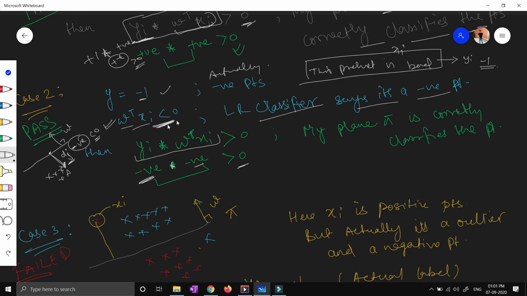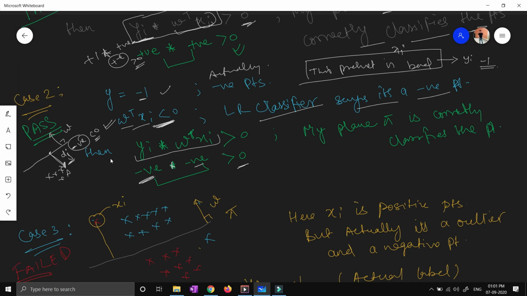Hence this part is negative, and negative into negative will always be positive, so it's greater than 0. Which means that if my yi cross w transpose xi is greater than 0, you can say that my plane pi correctly classifies this particular point also. So my case 2 is also passed.